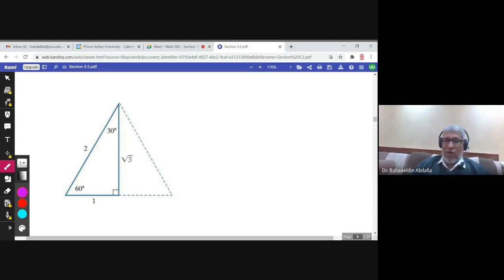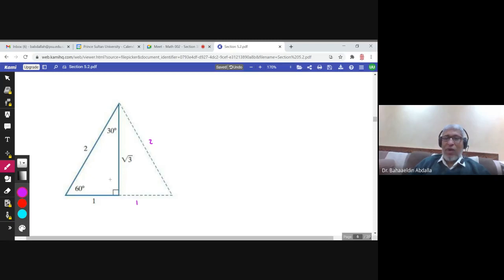You can imagine that this is an equilateral triangle, so all the sides are equal. So this is 1 and this is 2. If you draw this line perpendicular, it will bisect this side. So we have 1, 1, and this is 2, and this is square root of 3.